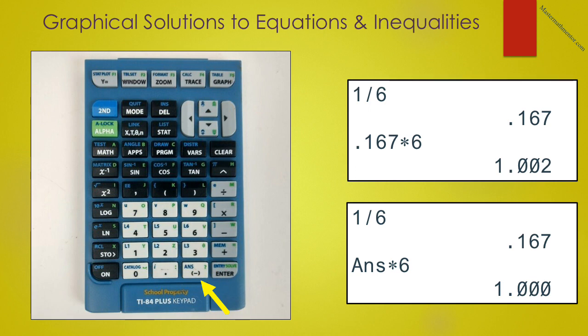The answer key gives us the last answer that the calculator calculated, in this case 1/6. It does not use 0.167. It knows that there are other decimal places there, and when multiplying will give us the answer 1.000.